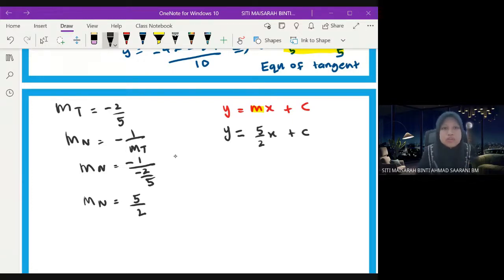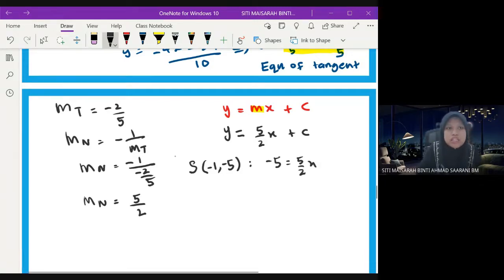So then kita boleh substitute point S is negative 1, negative 5. So then we get negative 5 equals to 5 over 2x, X boleh ganti dengan negative 1, plus c.